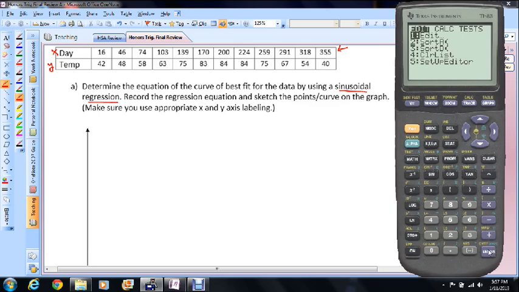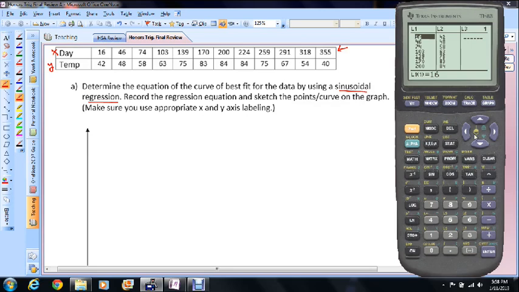Then you're going to hit Enter. You're going to put your values in L1 and L2. Make sure that they're going into L1 and L2. If you don't see L1 and L2 there, let me know and I will help you get that back on your calculator. You have to do a little bit of resetting, maybe look in the catalog to get those back. Sometimes they get deleted on accident.